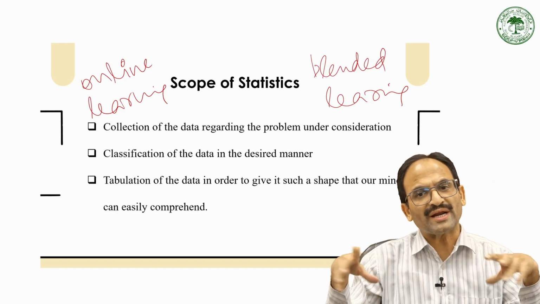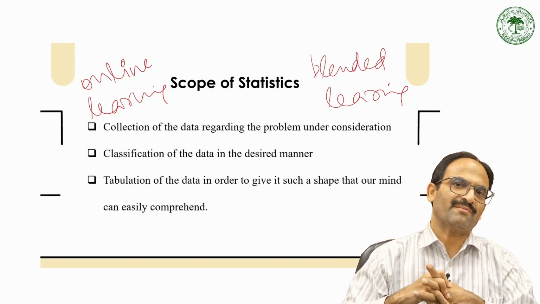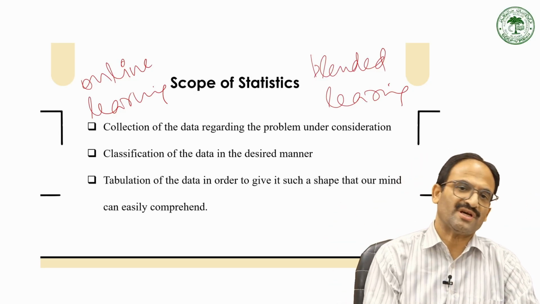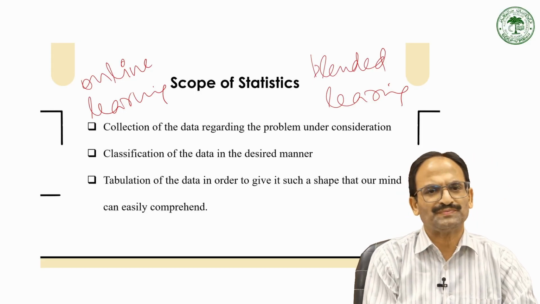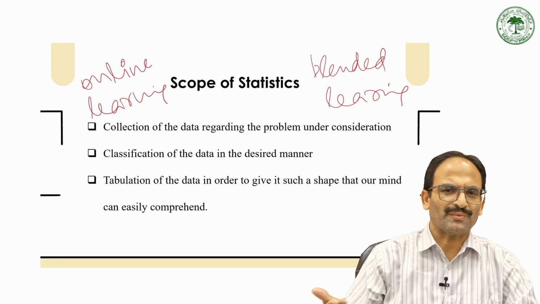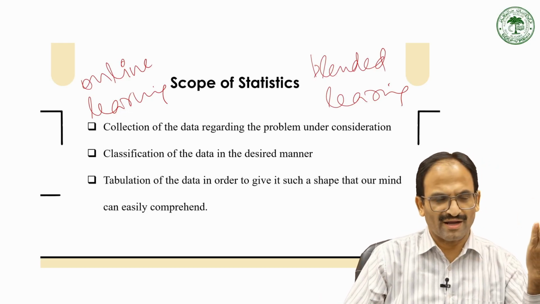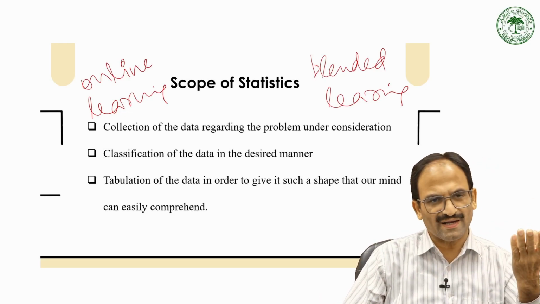Then the moment you get the data, you classify that data in the desired manner. In the same study I am talking about, mostly the young teachers were very comfortable with online, app based learning.